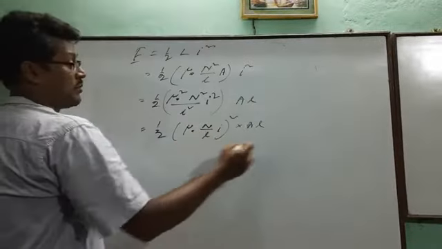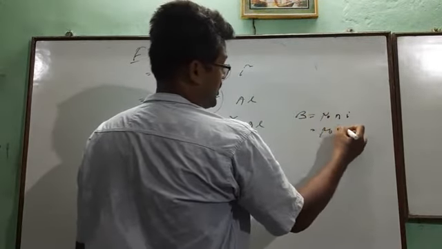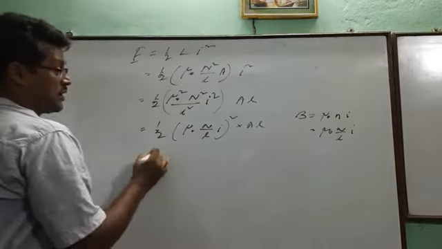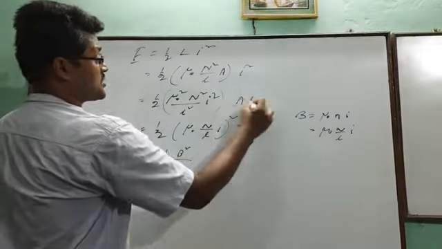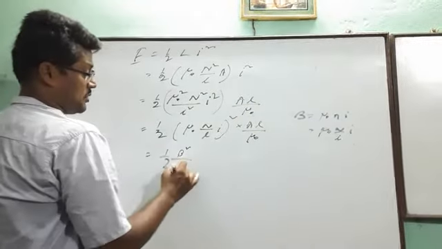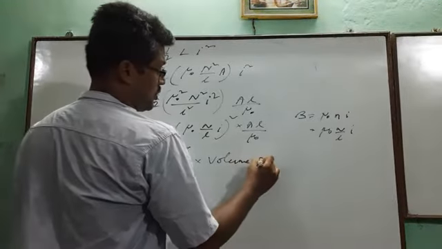That is the value of B equals mu 0 n I, small n, which is mu 0 N by L into I. So here I am getting B square by mu 0, into the volume of the coil.